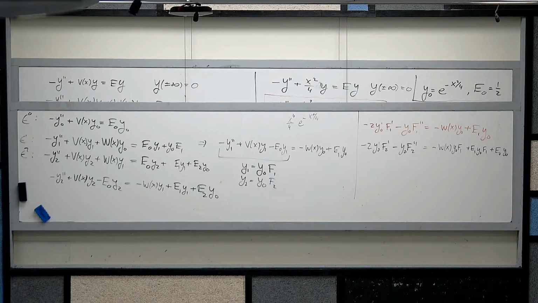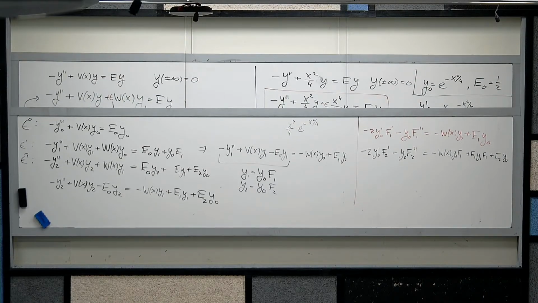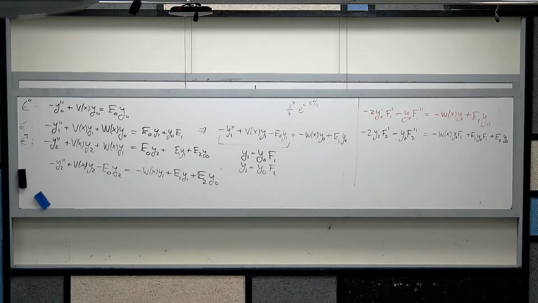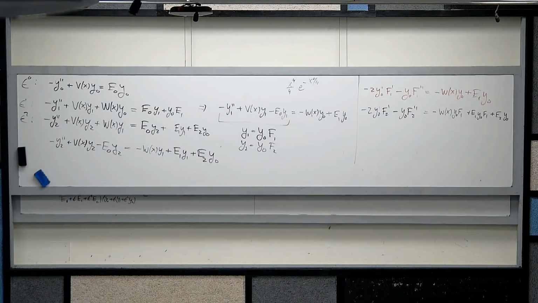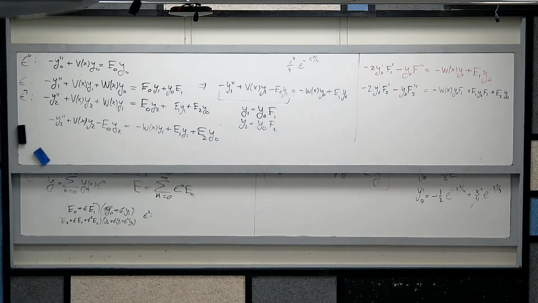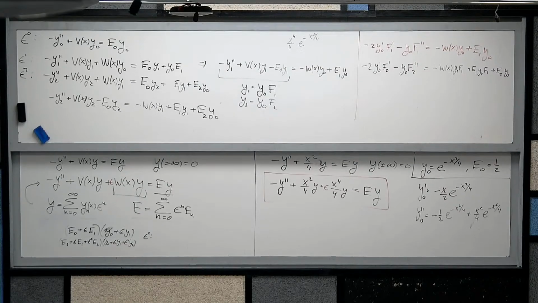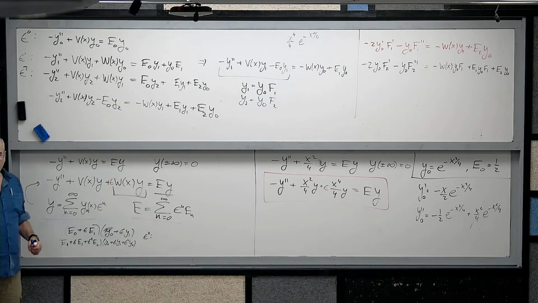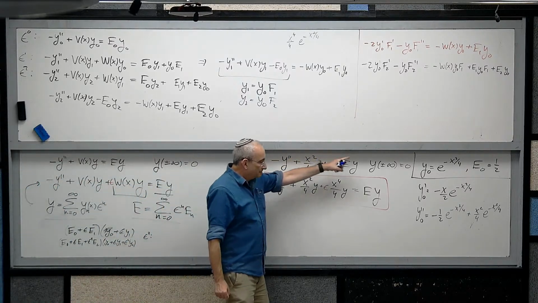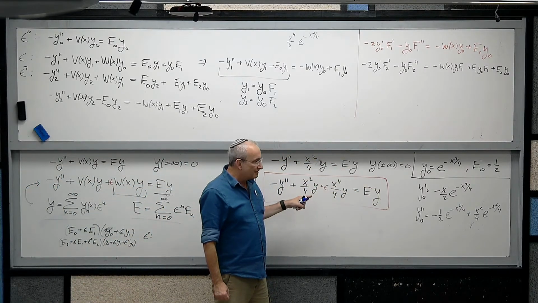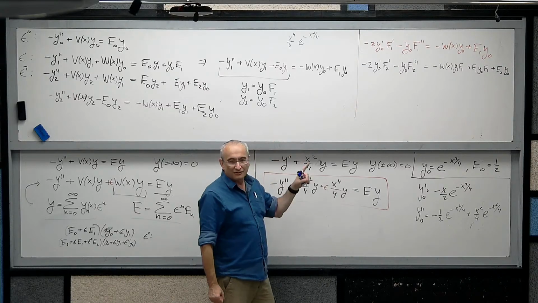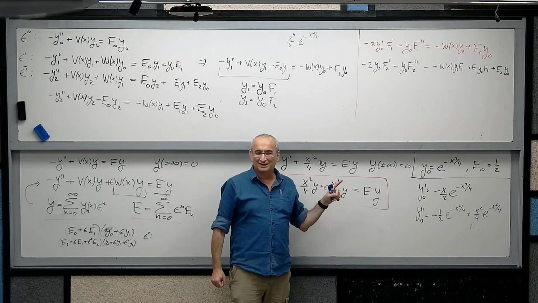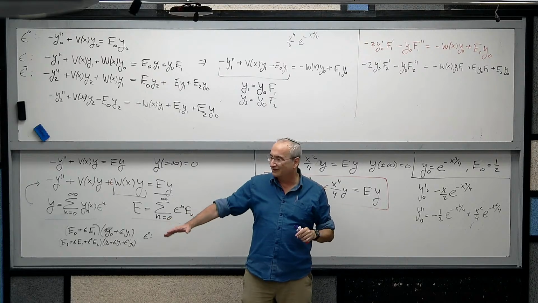Good. Now, how to solve such an equation? Let's start with our example, because here we are somehow lucky. So I'm going back to the example. I didn't manage to really do the calculation in parallel on both sides of the whiteboard, but I'm doing my best.